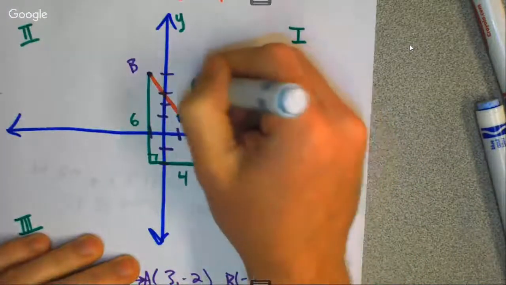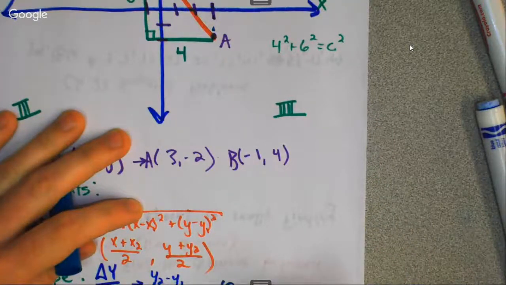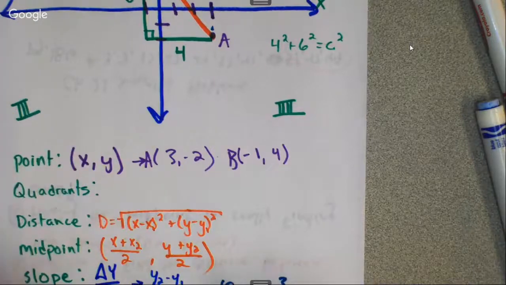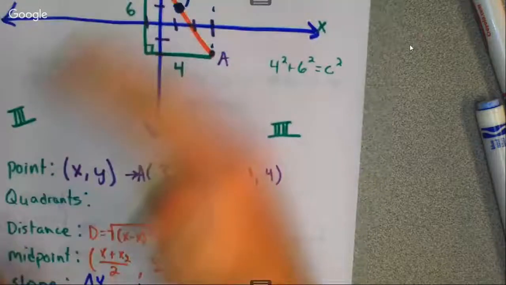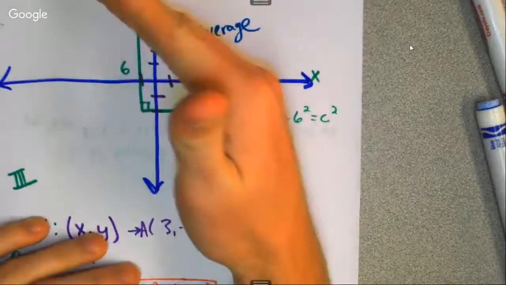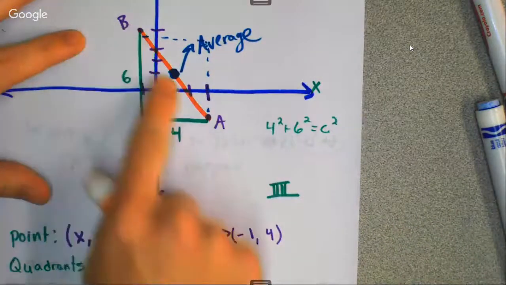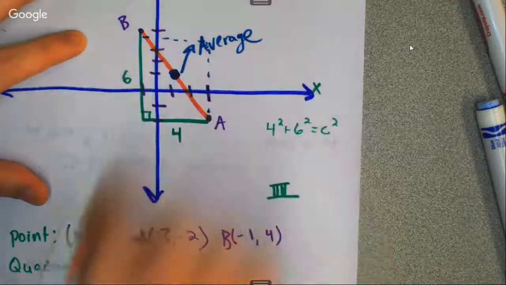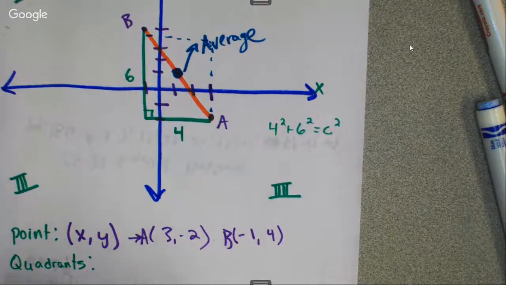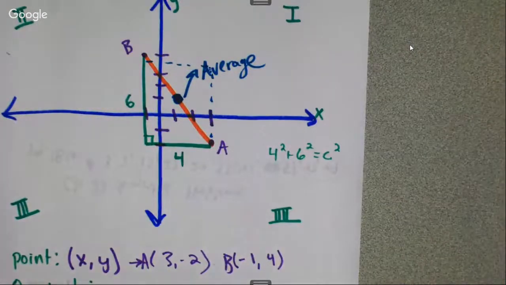I went up 6. How much do I go to the left? I went left 4, so that's a negative 4. So my slope is negative 3 over 2. The slope is how steep this line is. So you have how long is my line, how steep is my line, and where's the middle of my line. Those are the three measurements we're talking about here in chapter 2.1.